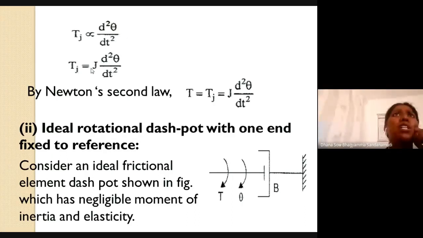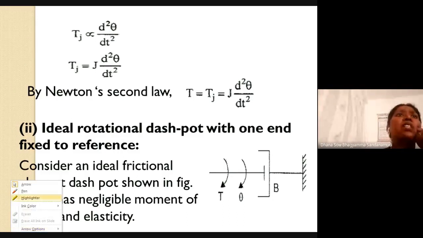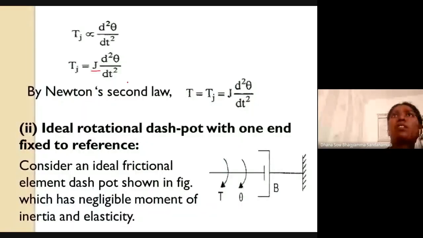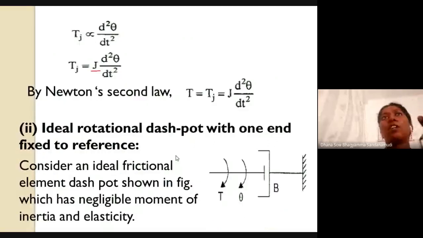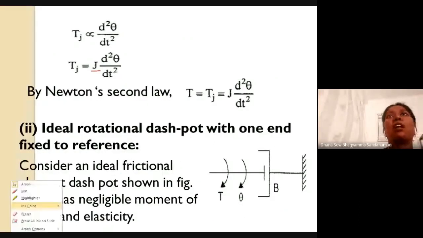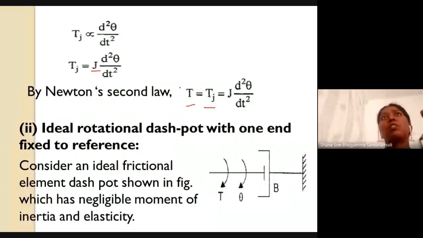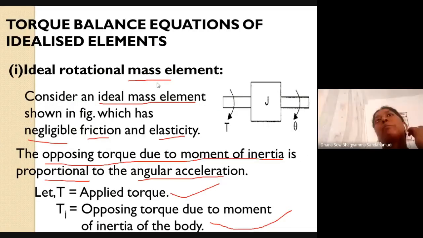Remove the proportionality and replace it with some constant J. According to Newton's second law, the applied torque will be equal to the opposing torque. The opposing torque equation is J into d square theta by dt square. So this is our ideal rotational mass.